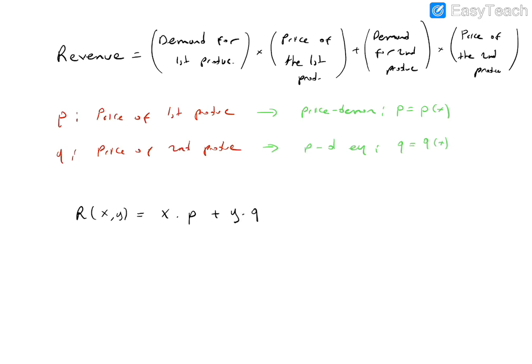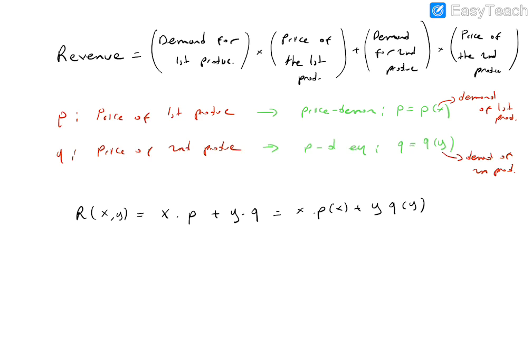Here we should use y because y is the number of the second product. So x is the demand of the first product, y the demand of the second product, and we conclude x times p of x plus y times q of y.